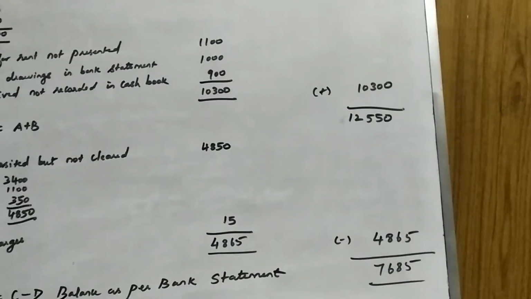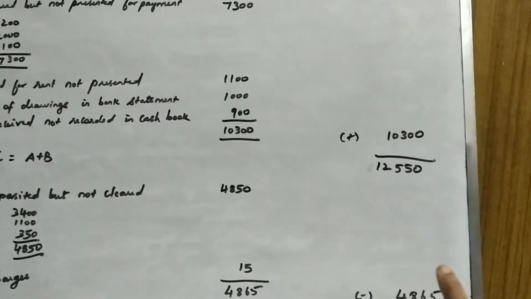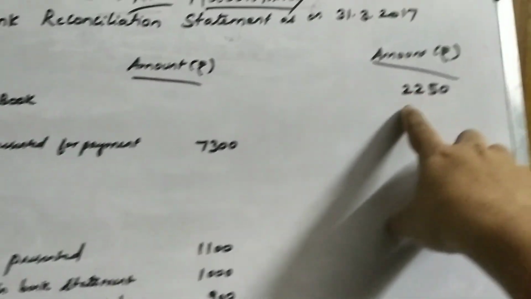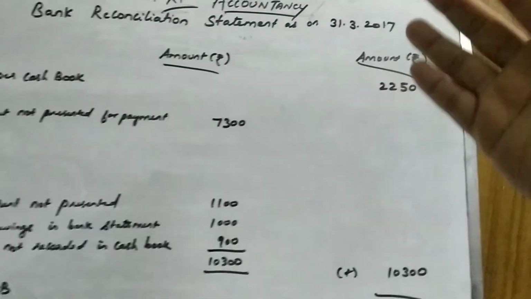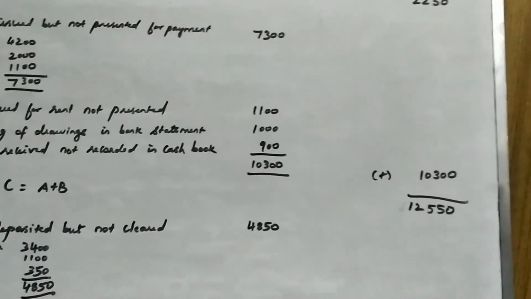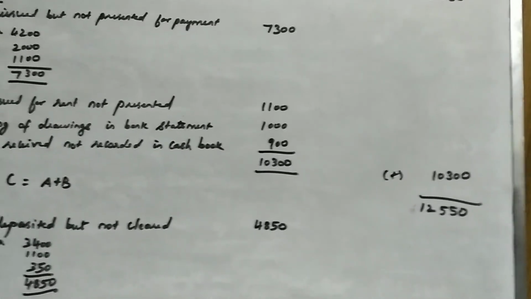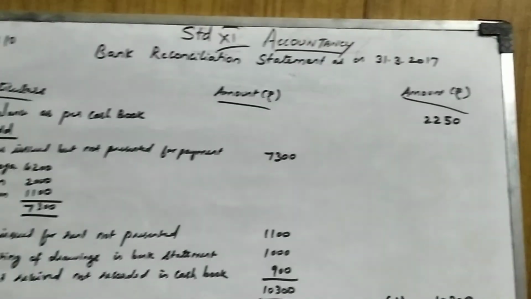You can start with the balance as per bank statement 7,685, follow the same logic, and at last you will get this amount 2,250 if you start from the reverse side. So items which you have deducted will be added, and items which you have added will be deducted, so that you will get this amount. You can try that on your own.